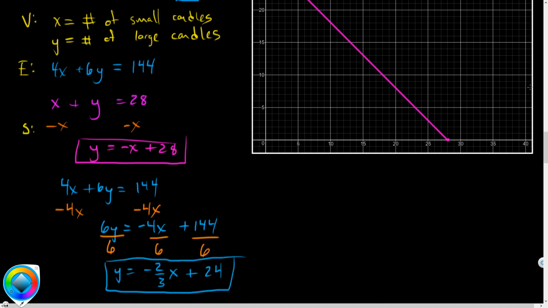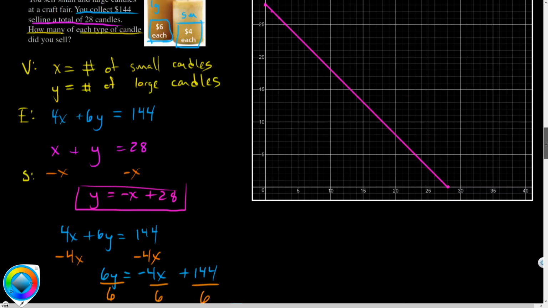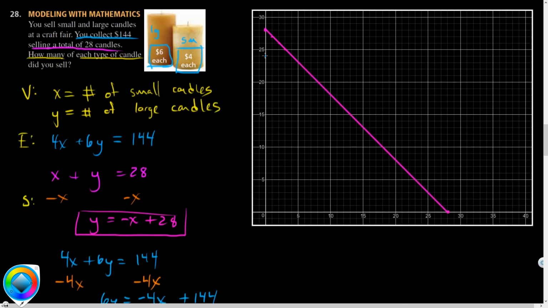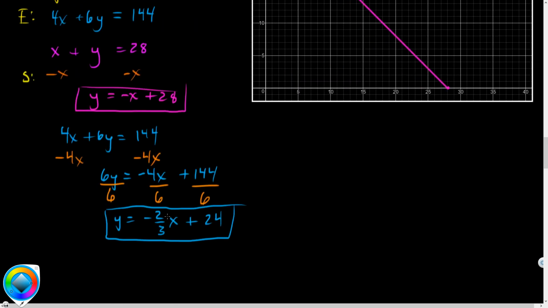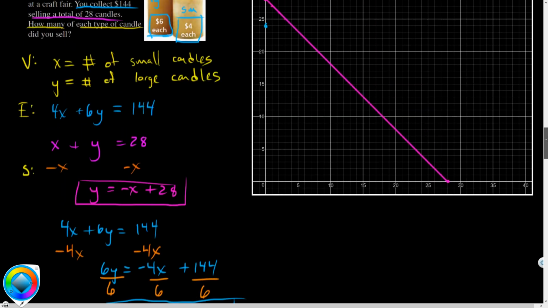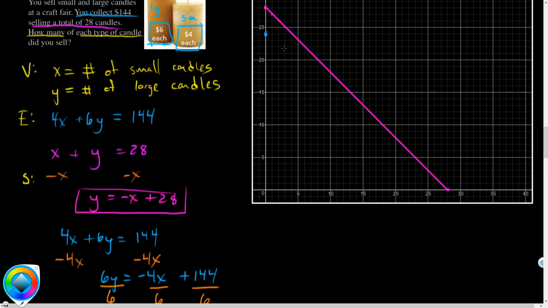Here's my blue equation. So the y-intercept is 24, so I'm going to start at 24, right? And the slope is negative 2/3. Even if I used negative 4/6, it would actually still work for me. Down 2 over 3, down 2 over 3, down 2 over 3.